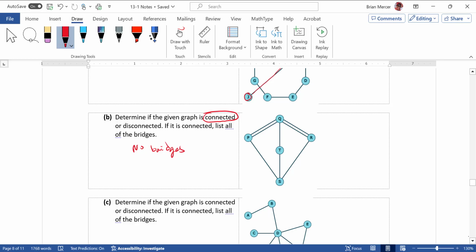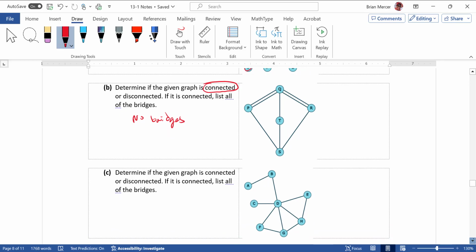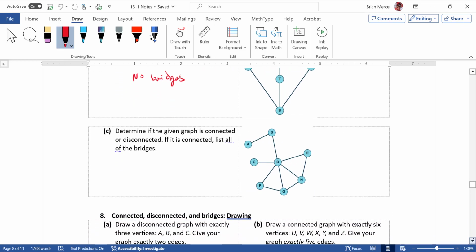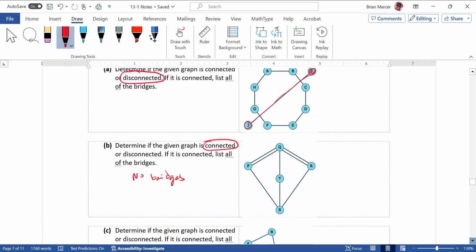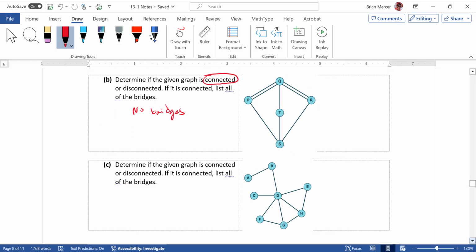This last one is connected again. If you look at that, oops, scoot that down. There we go. It is connected again. So you can see that it's connected, and again, that's because you can get from any vertex to any other vertex by following a path through there.